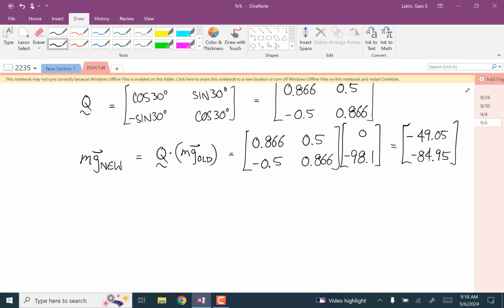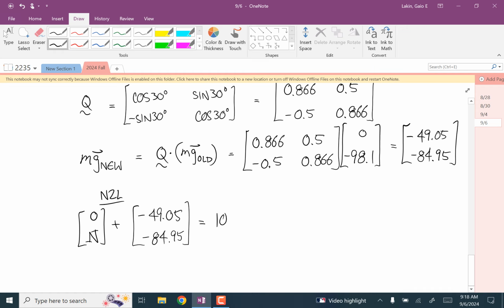And so now this is what we could use in Newton's second law. We have 0, N plus negative 49.05, negative 84.95 is equal to 10 times a, 0. And then you can solve all this stuff.